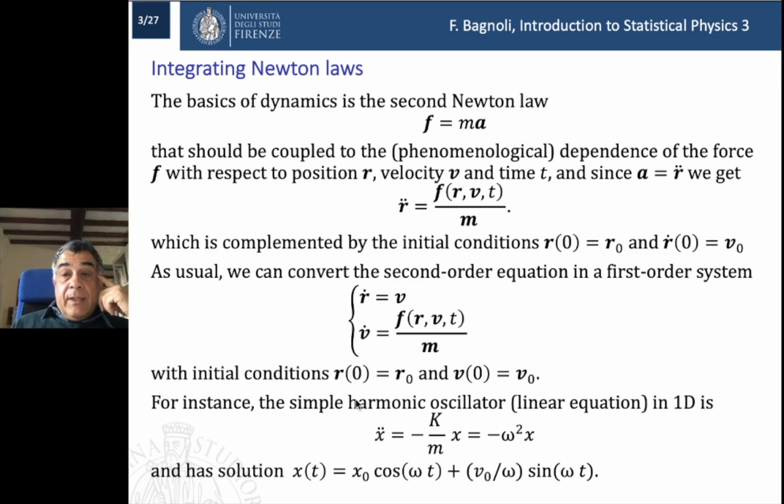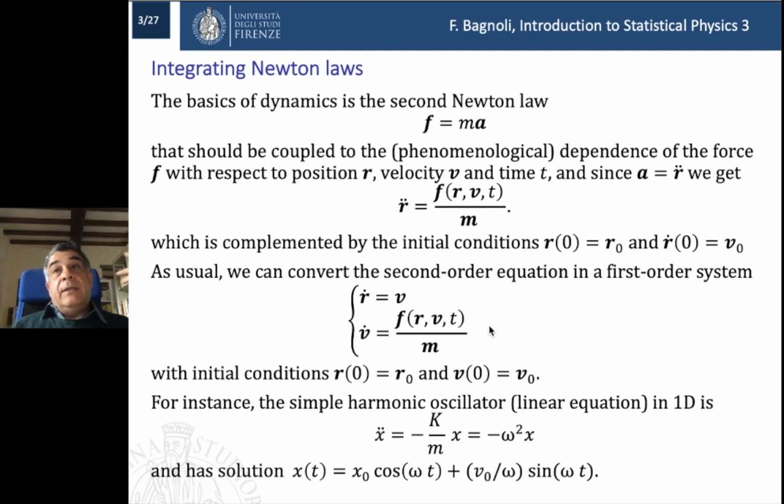And clearly the acceleration is given by the force that can depend on the position, velocity, for instance friction, and time, divided by the mass m. And this has to be complemented with the initial condition of the initial position and the initial velocity.